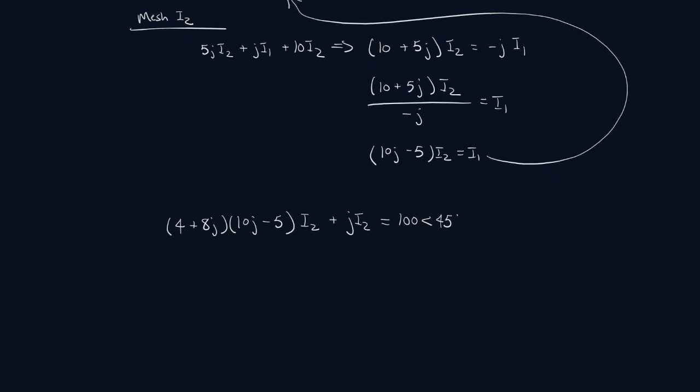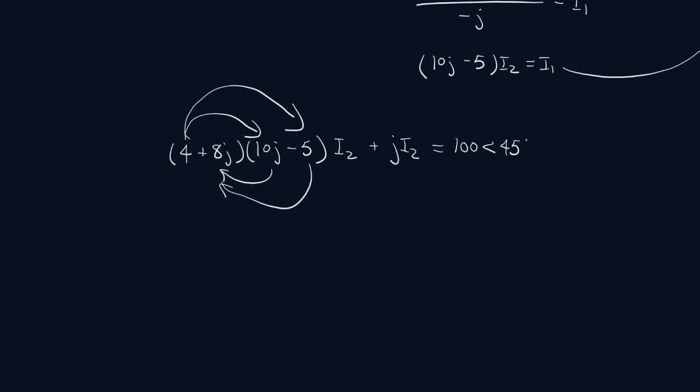So pretty much this is what I'm going to do. I'm going to multiply this by this, then this by this, then this by this, then this by this. So it'll be 4 times 10, which is 40j. 4 times minus 5, which is minus 20. 8j times 10j, which is minus 80, because j times j is minus 1.